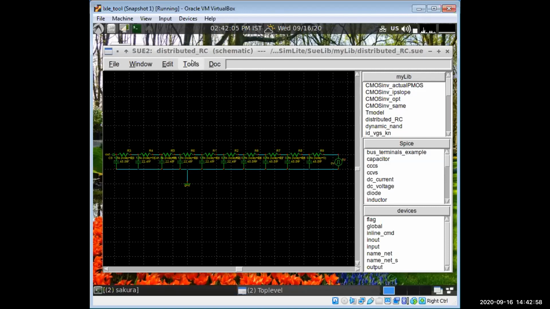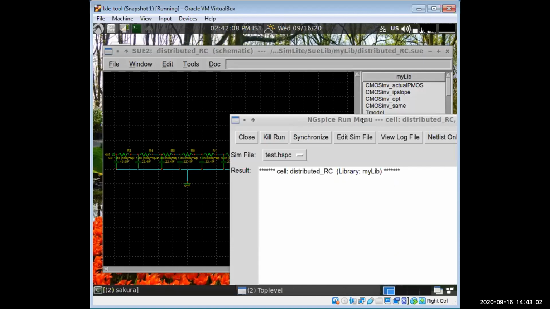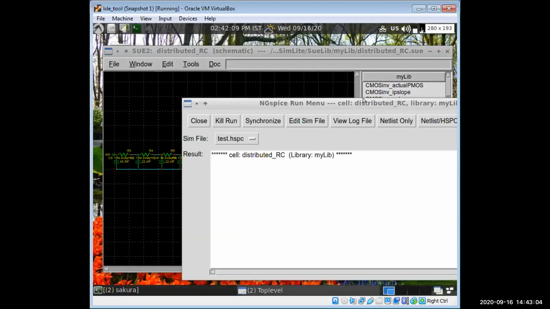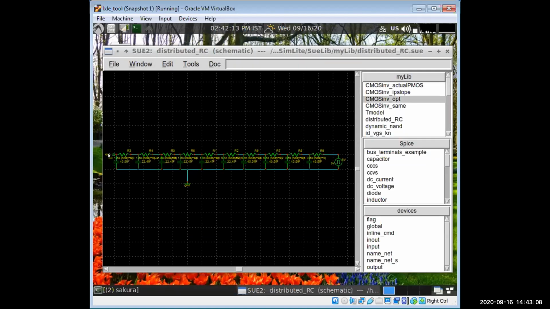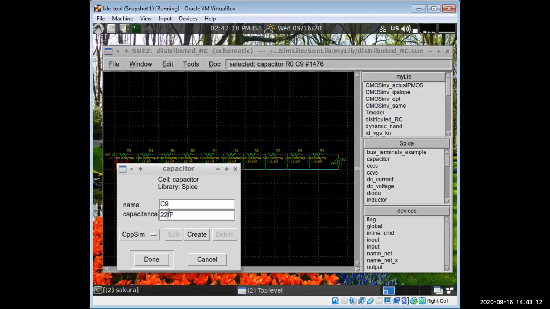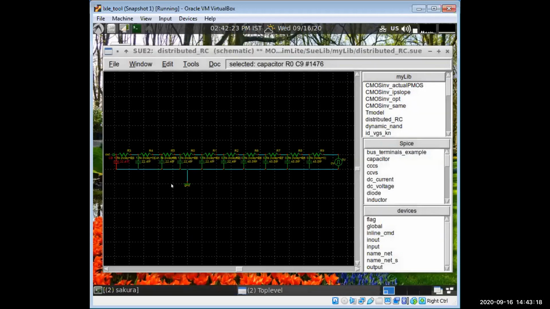Let's save it and run with ngSpice. That capacitance you have to change. Yes, sir, the capacitance value. One resistance, this was 22.4. So this much.